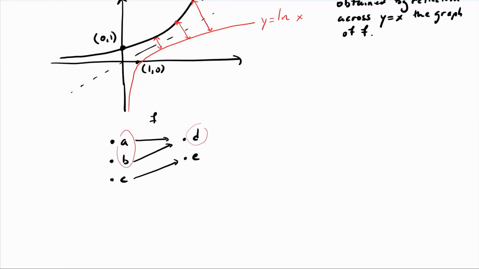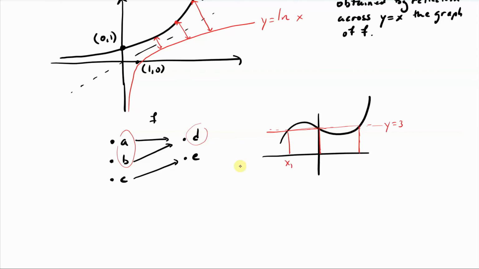Graphically, it means that if I have a function like this, where for the output, maybe this is y equals 3, for example, I have 3 x values, x1, x2 and x3, that have the same y value of 3. And this is not a function that's invertible.